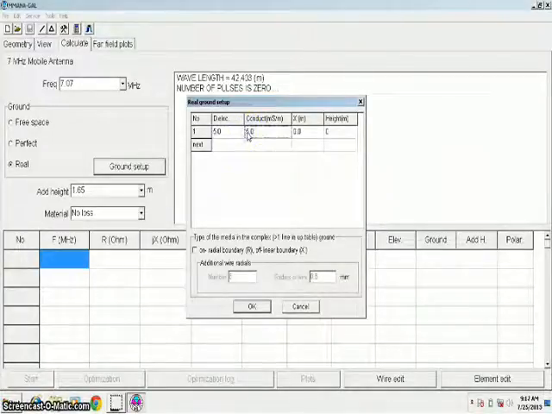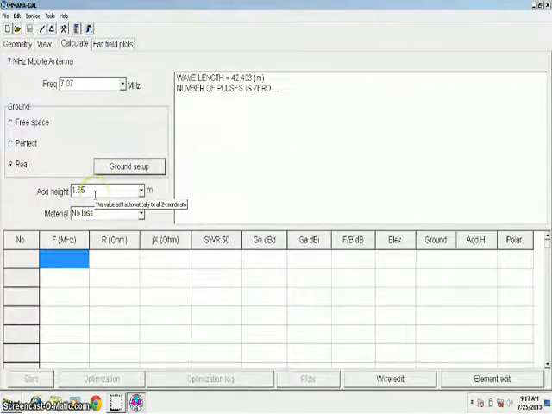And for conductivity, I use value of 1. You could see how to set this value at this MMANA-GAL manual. These values for suburb and industrial area, assumption of where this mobile antenna is going to be used frequently. Click OK.